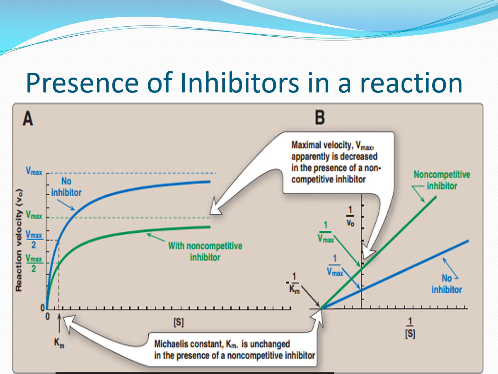In non-competitive, the Michaelis constant is unchanged in the presence of a non-competitive inhibitor, while Vmax is decreased in the presence of a non-competitive inhibitor.